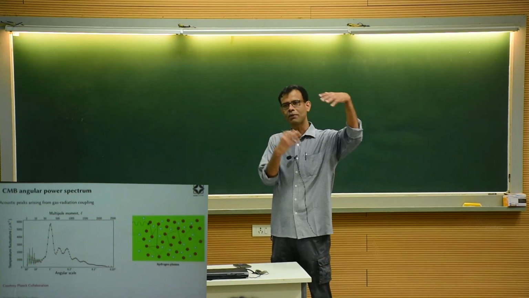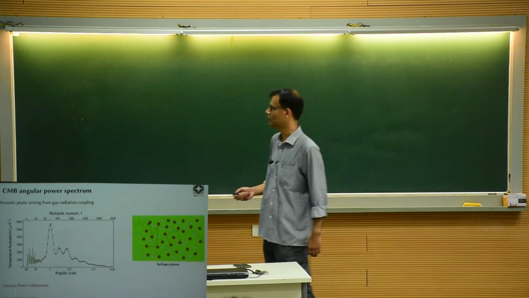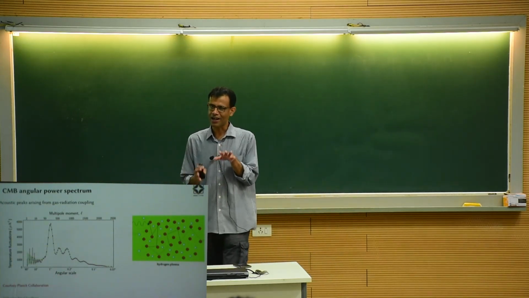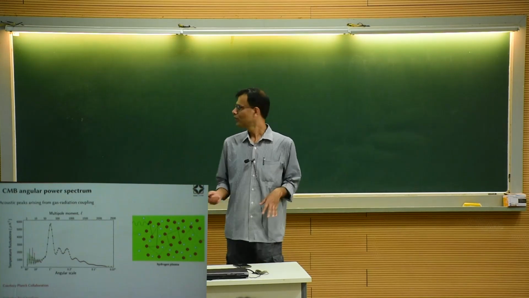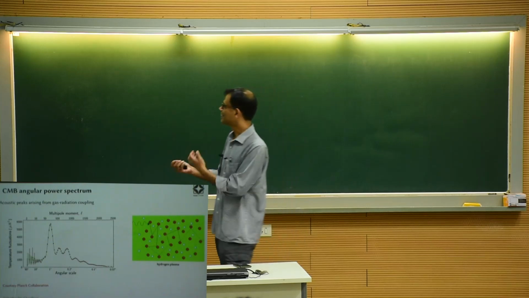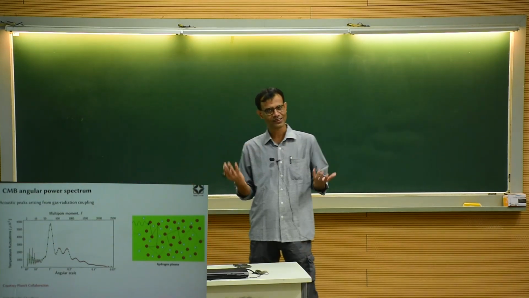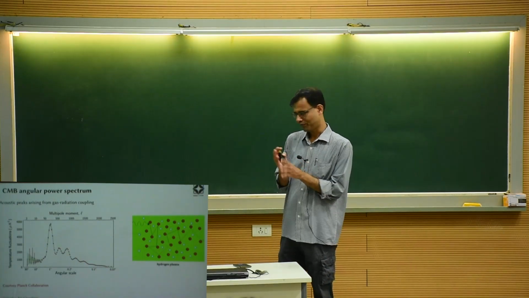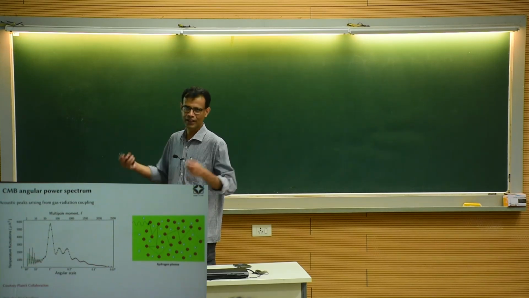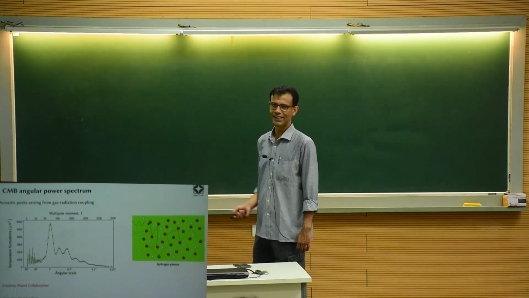And I said it's 1 part in 10 to the 5, hence you have to go to micro Kelvin to measure the fluctuations, and these features are very peculiar to the CMB. That happens because these photons are constantly interacting with protons and electrons, what we call a baryon-photon fluid, and that leads to something like sound waves, acoustic oscillations, and these are the peaks of these acoustic oscillations.